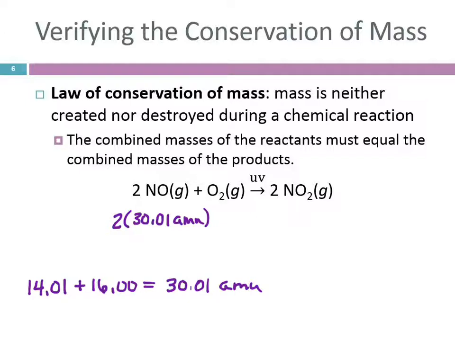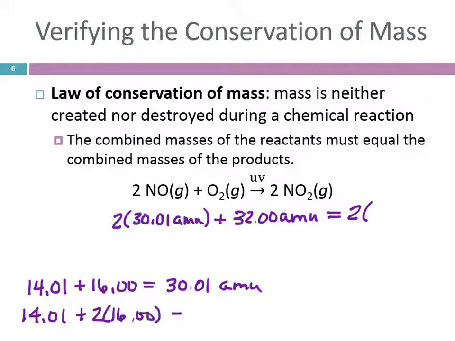And then how much does a molecule of oxygen weigh? 16 times 2, right? 32 AMUs. And now we're hoping that this is going to equal 2 times the mass of that one. Well, that one is 14.01 plus 2 times 16, which I think is 46.01.